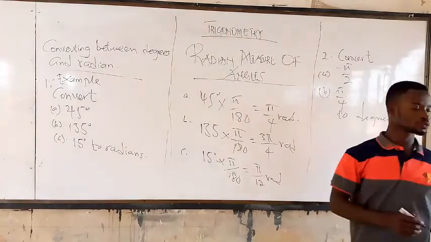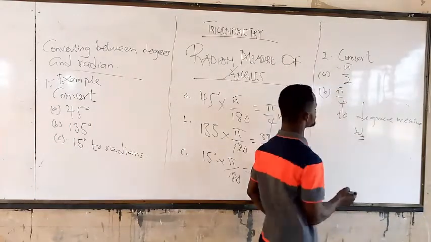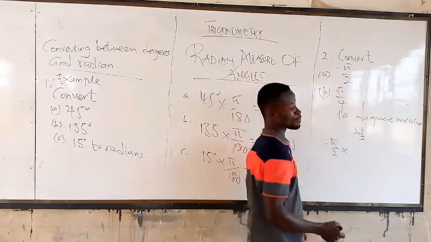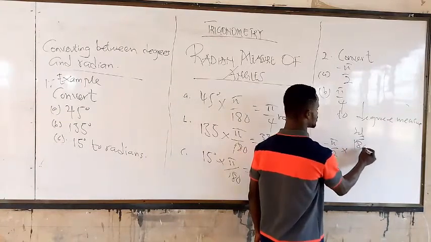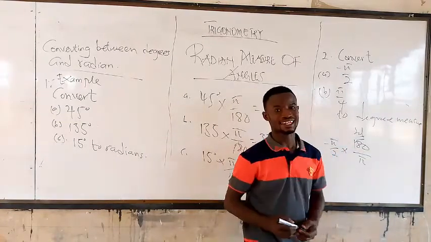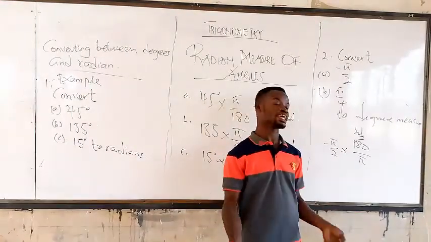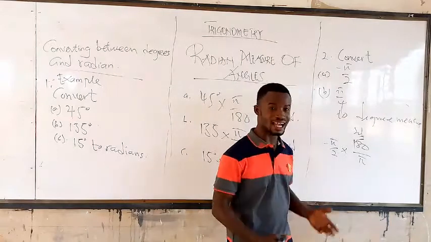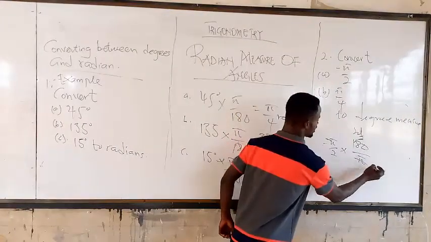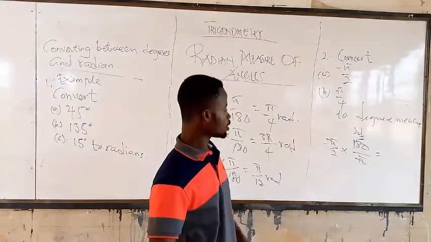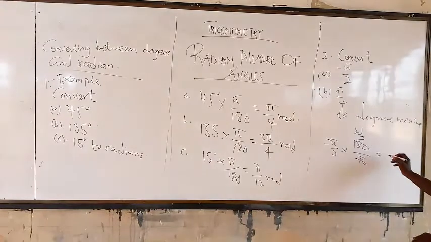When you take negative pi over 2, you multiply by 180 over pi. The idea is that we want degree measure, which means we have to get rid of the pi, so you multiply by something that clears out the pi. And you are going to get negative 90 degrees. So that is that.